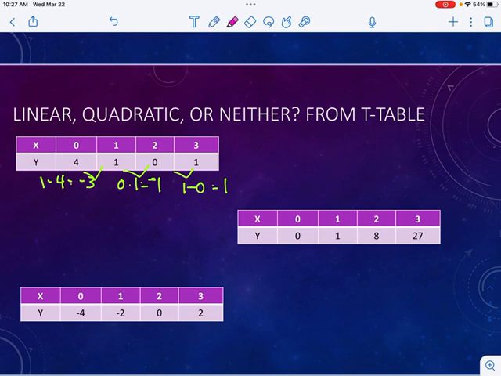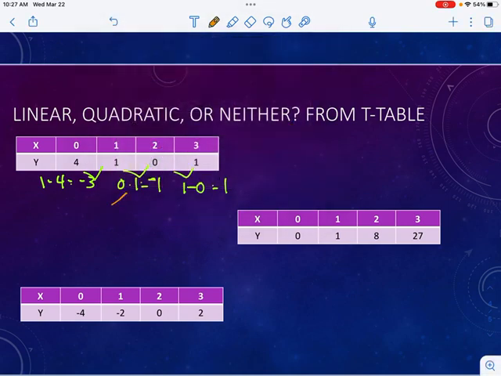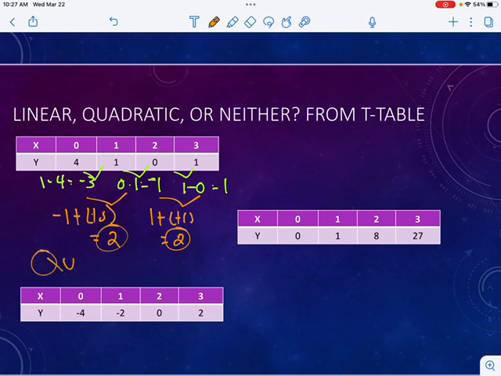So now I'm going to take and I am going to do the second difference to test that. So I have negative 1 minus negative 3. And remember, we make that plus a positive. Well, that will equal 2. And then we have 1 minus a negative 1. Make that plus a positive. That will equal 2. So that has a common second difference. So that is what we would call a quadratic. So this first one is a quadratic.